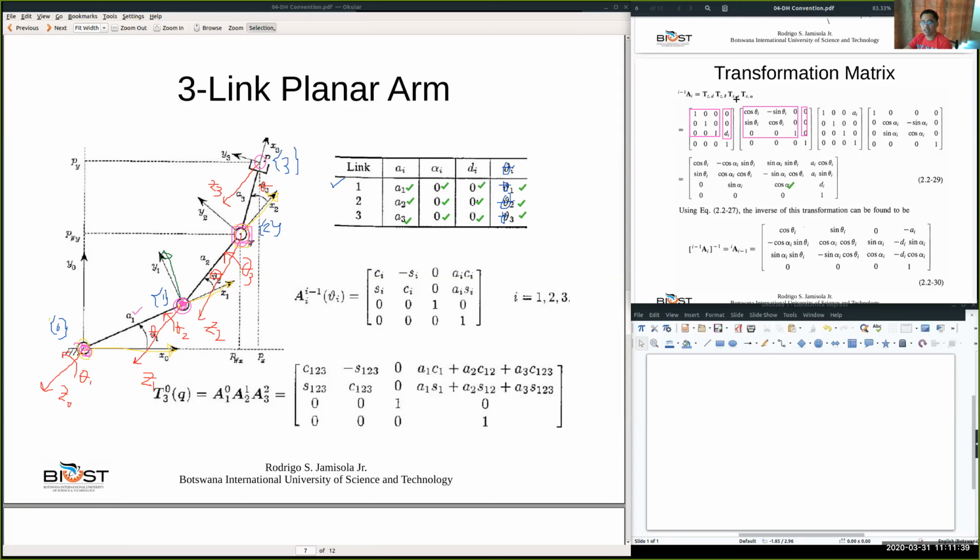Next, translation along x by a value. Here it is purely translation, no rotation, so that's the identity matrix, and this is the position transformation with a value of ai. The rest of them are 0, so that's the third transformation. The fourth and final transformation is the rotation of alpha about x.